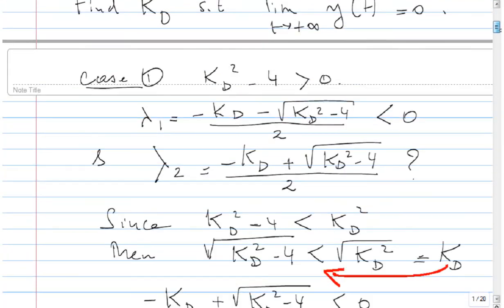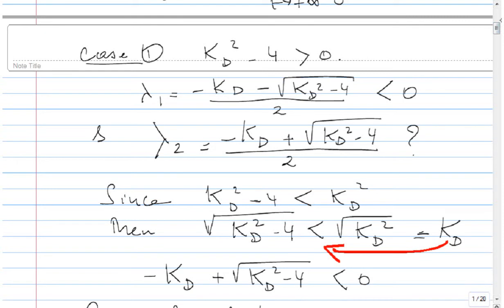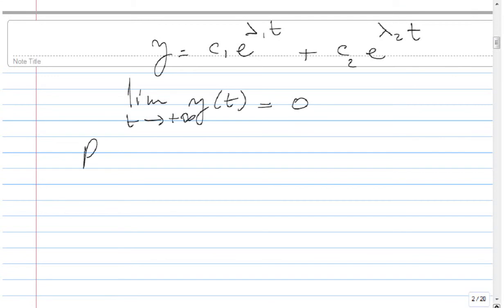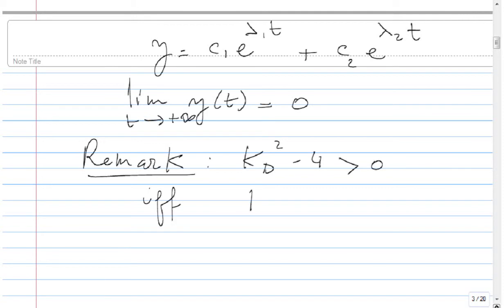So now for what values of kd do we have kd squared minus 4 greater than 0? So remark: kd squared minus 4 is positive if and only if kd squared is greater than 4, and again if we take the square root we get kd, again because it's positive, so that's why I can put kd here, greater than the square root of 4, which is 2, not plus minus 2, okay?